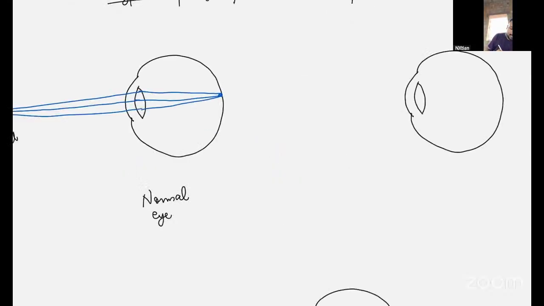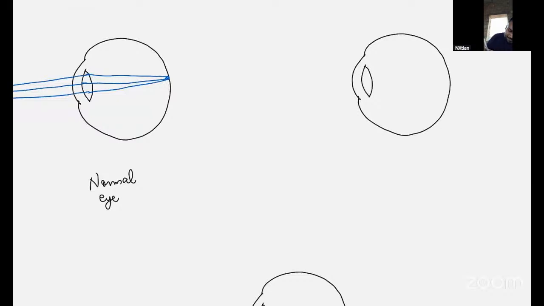So this is the normal eye. Now, how will a hypermetropic eye look? This is the near point because they have a problem with the near point. Far point, no problem.